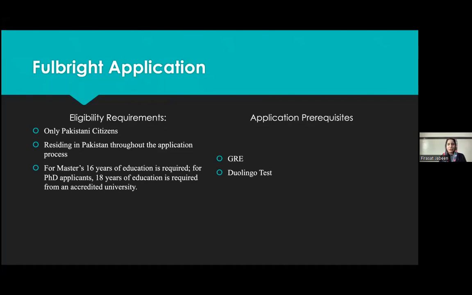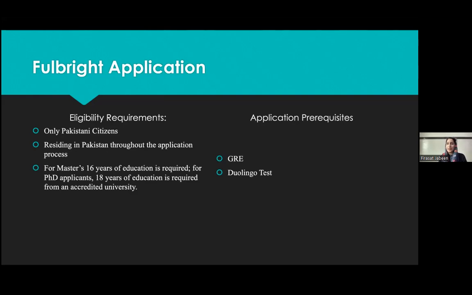So for those applying for a Fulbright master's degree, as you can see in the third bullet on screen, 16 years of educational experience is required. And similarly, those who want to apply for a PhD need 18 years of education from an accredited university in Pakistan.